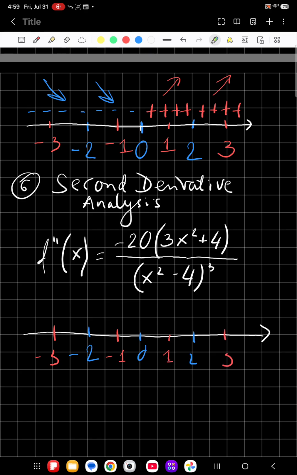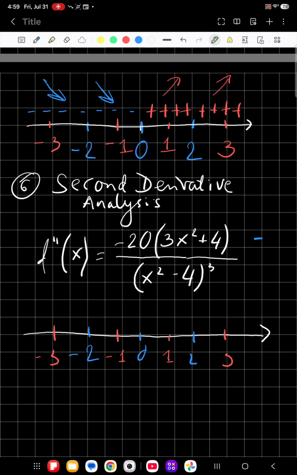Again, we're testing -3 in 2 places, and we see that the top is going to be always negative, so that's always negative. The top is always negative, and the bottom will be changing. So let's start with that -3.